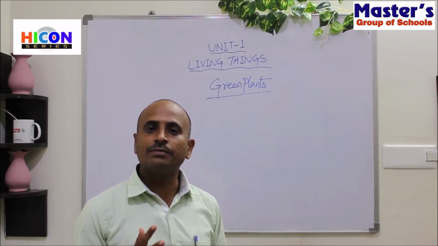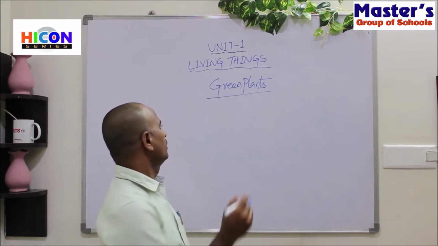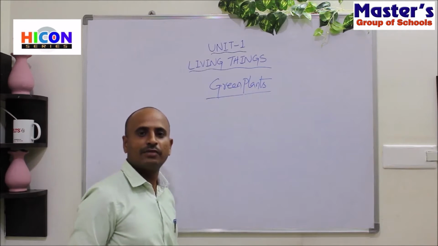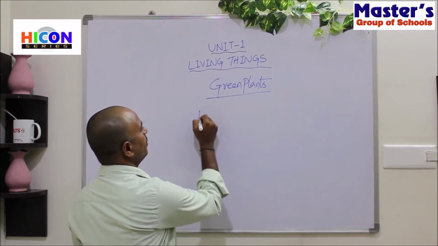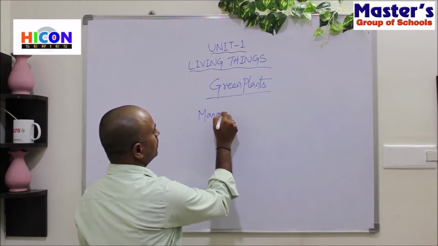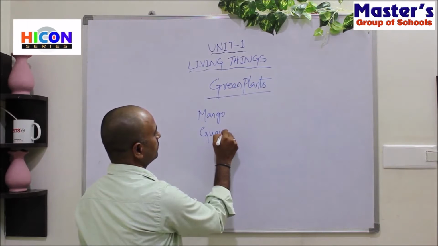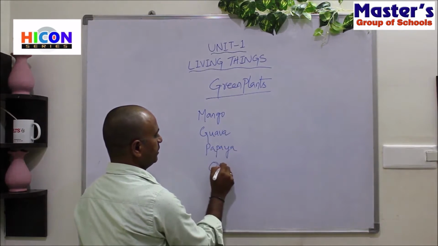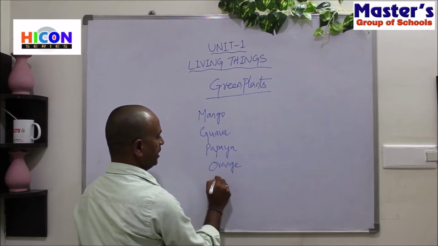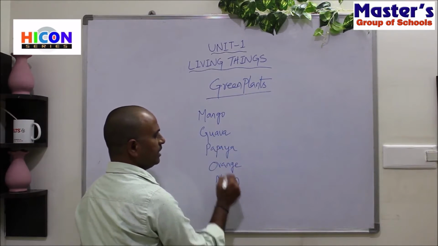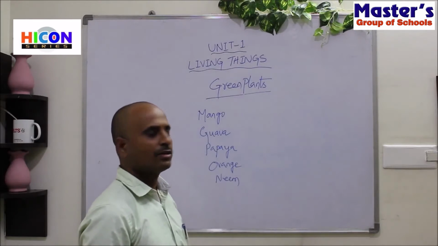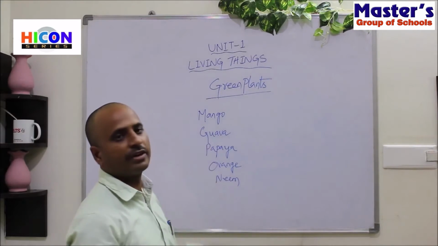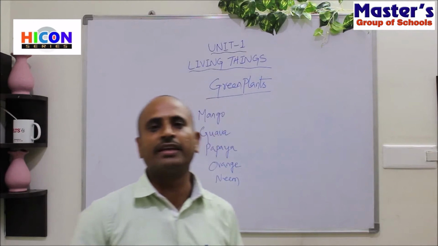The plants frequently observed in our region, that means in our area, are mango tree, guava tree, papaya, orange tree, neem tree, and some flower trees, etc. We observe these types of trees very frequently in our areas.